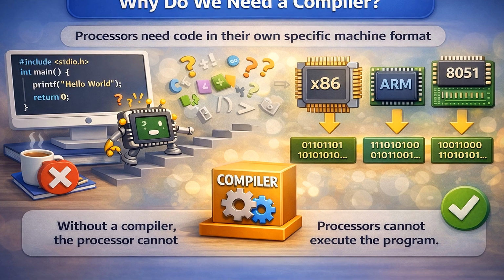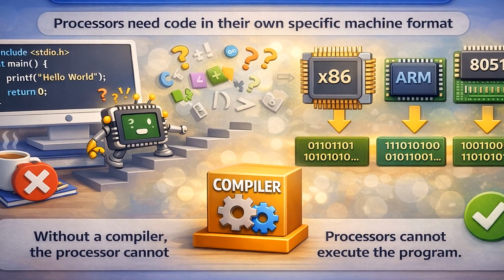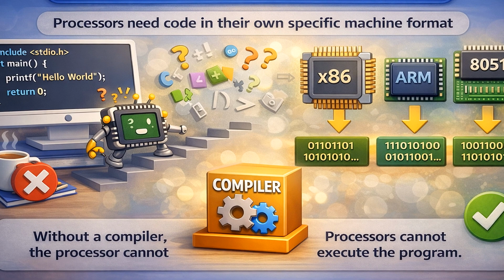Now, the question is, why do we need a compiler at all? Why can't the processor directly understand our C code? The reason is very simple. Processors are electronic devices. They do not understand English words, C syntax, loops, functions, or variables the way humans do. They understand only very specific machine instructions. For example, an x86 processor understands x86 instruction format.